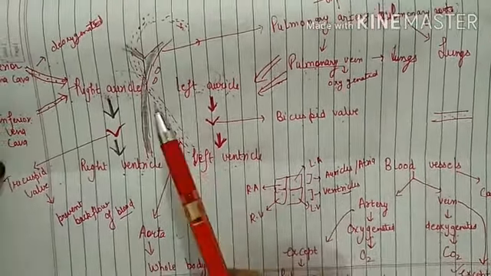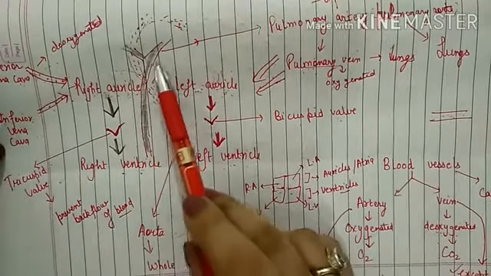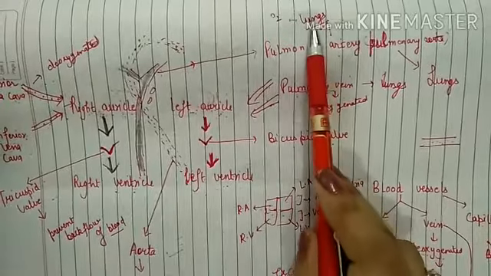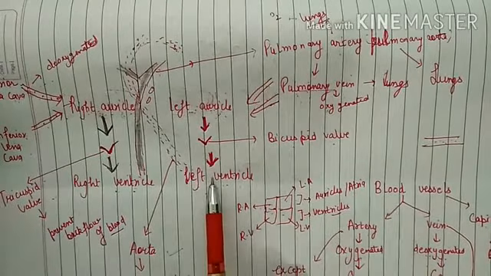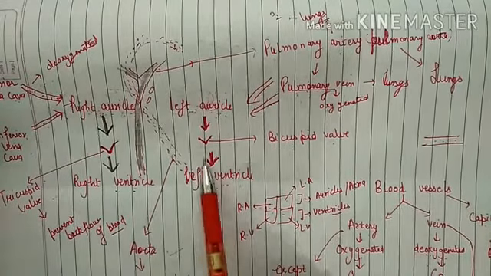Then from the right ventricle, which carries deoxygenated blood, the pulmonary artery will arise, and this artery will take this deoxygenated blood to the lung for oxygenation. Similarly, the left ventricle has oxygen rich blood, and it will transport this blood to the whole body through the aorta.